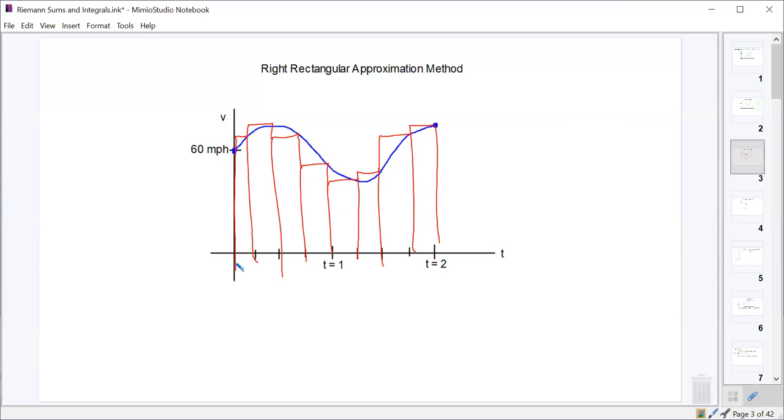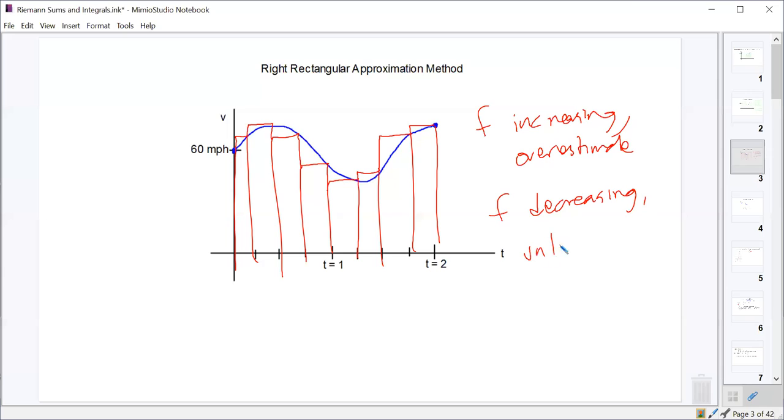Very similar to the left one, it's not the best method that we can use. Sometimes we call it a right Riemann sum. We'll note that when the function is increasing, this is an overestimate, and when our function is decreasing, this is an underestimate. And you'll want to know that because they will often ask you that on the AP test.